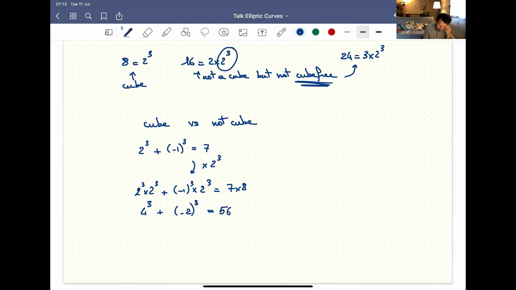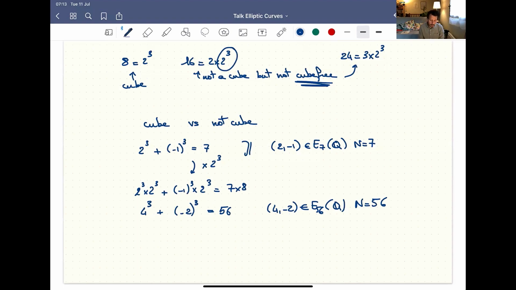And the point is that from this solution 2 minus 1, this is a solution to the equation that we've been studying for n equals 7, we get for free almost a solution for n equals 56.